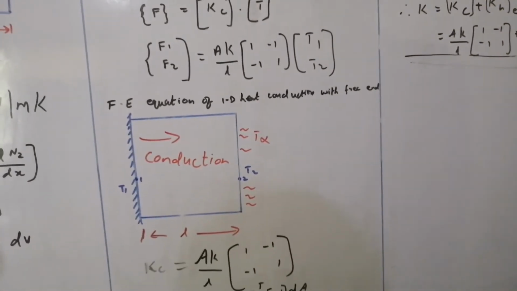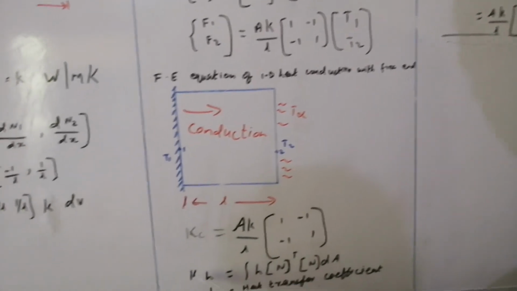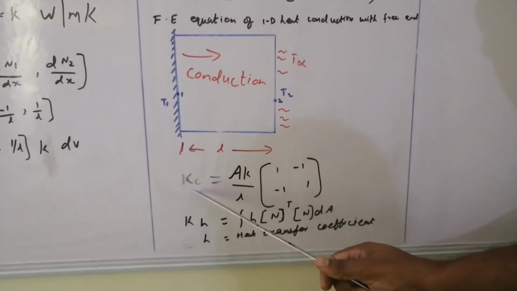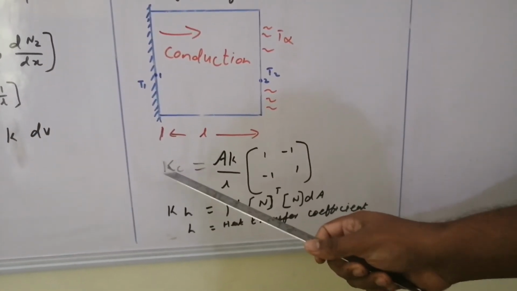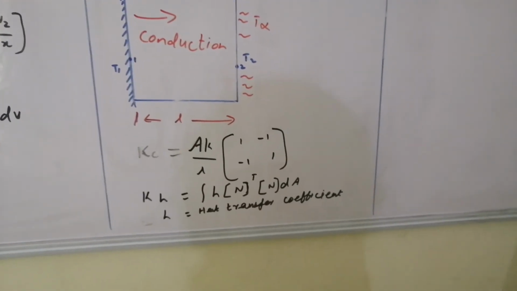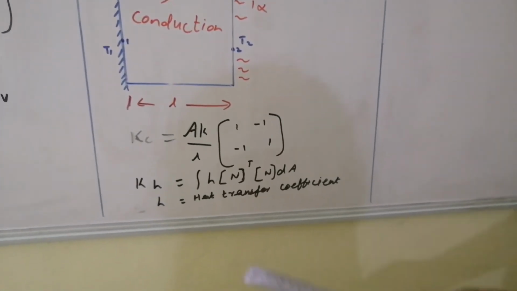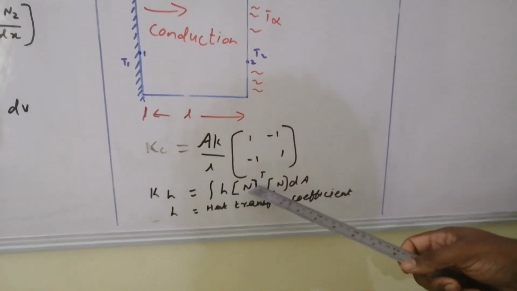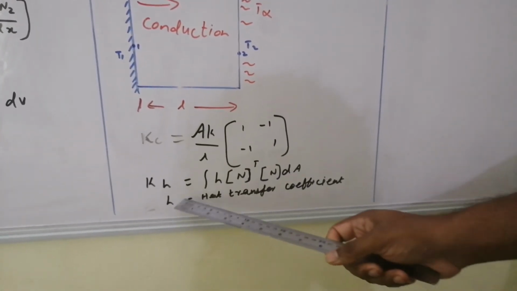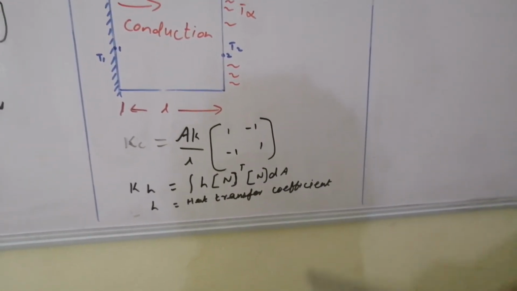For that, there is an equation for KH. We are considering KC as the stiffness matrix for conduction and KH as the stiffness matrix for convection, equal to integral of H N transpose N dA, where H is the heat transfer coefficient.